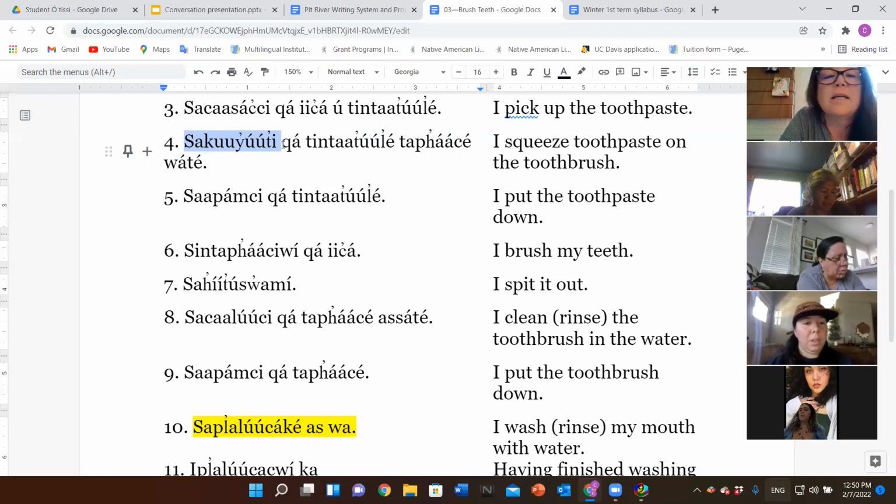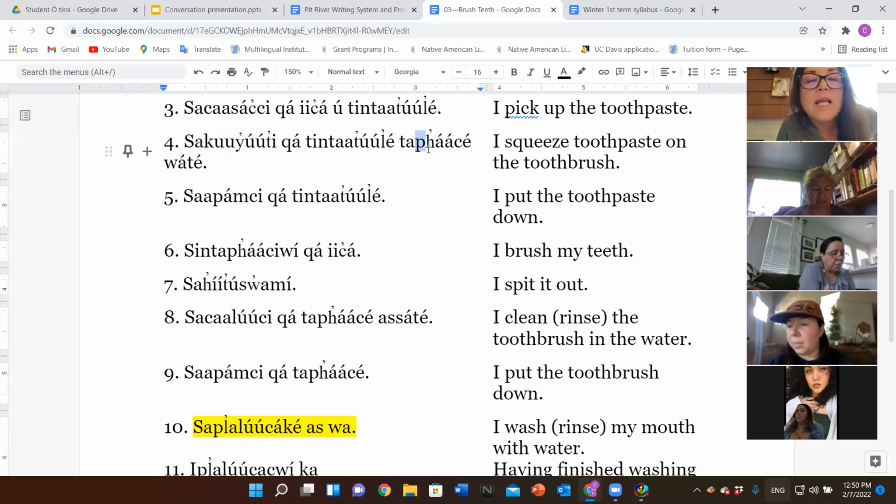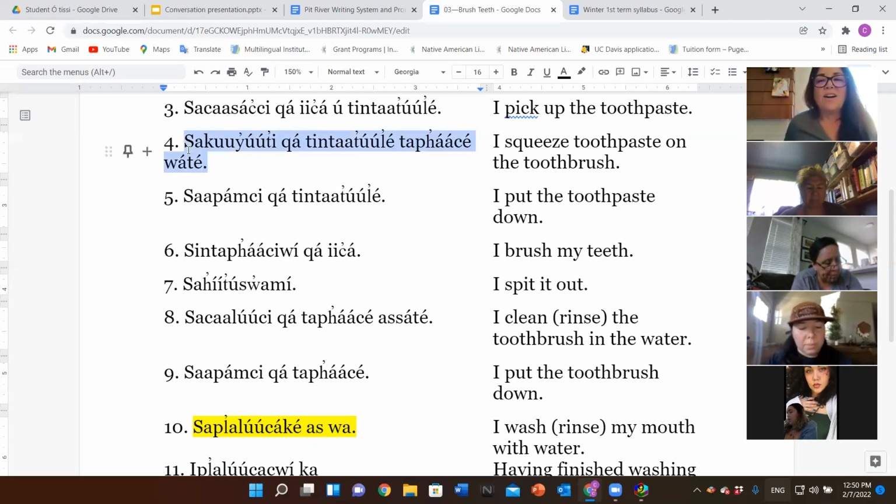Tus I. Okay. Ga tinta tule dap haje wate. No. Tus. Good. All good. Except for dap. I didn't hear the P. Dap haje, dap haje wate. Tus I. That was hard.